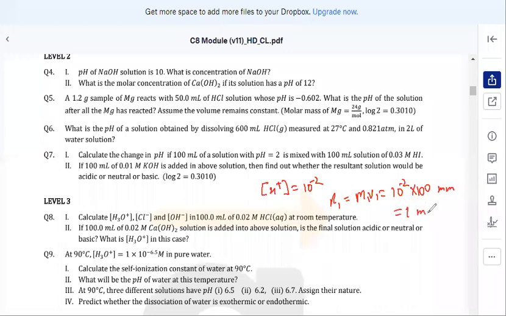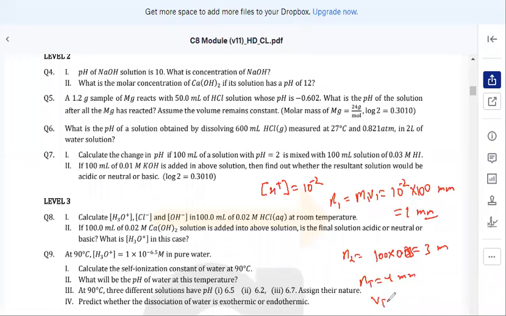It is 1 millimole. Now, what amount of H plus is added? So n2, which is amount of moles of H plus added, is again M1V1. So 100 into 0.03. So it is 3 millimoles. So n total is equal to 4 millimoles, okay?